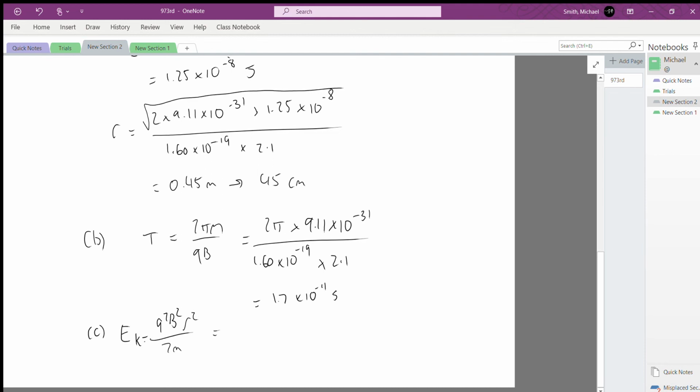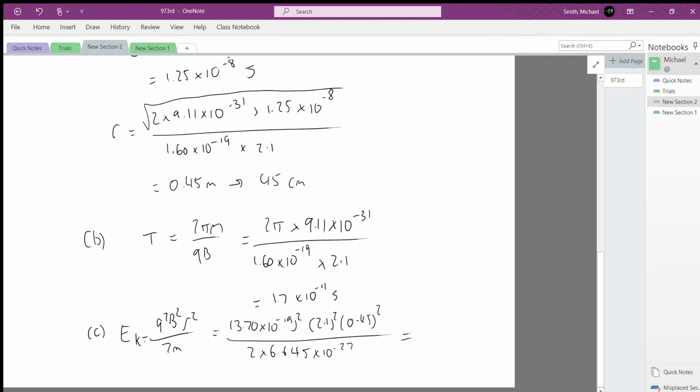Now we're given all the information in the question, so the charge is 3.2 times 10 to the power of minus 19. Magnetic field strength is the same. Radius is the same. The mass is a bit different, 6.645 times 10 to the power of minus 27.